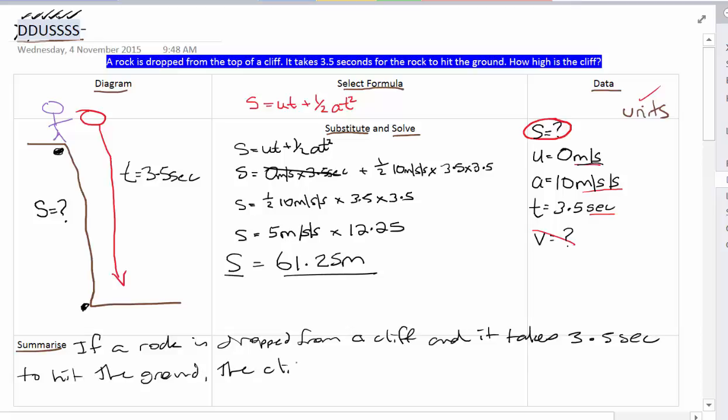The cliff is 61.25 meters high. And that's how you use the 7 steps to happiness.